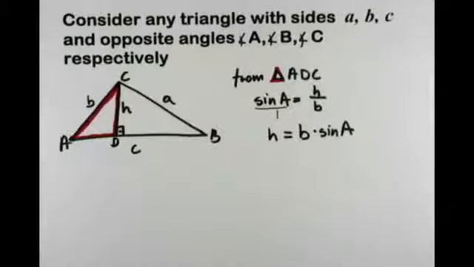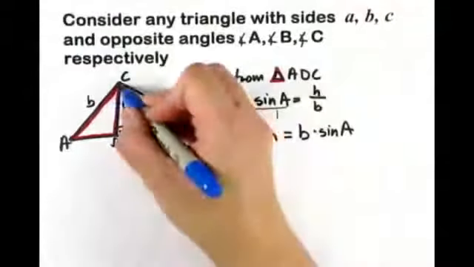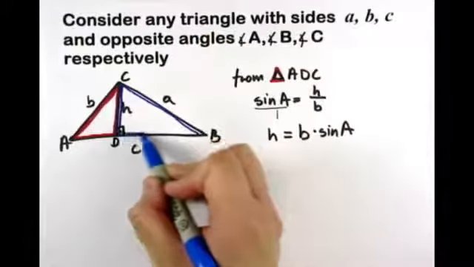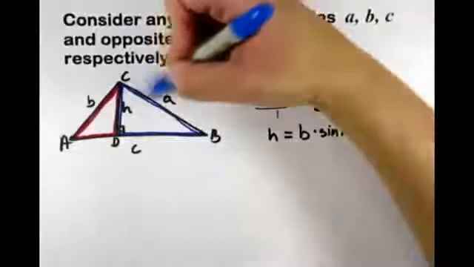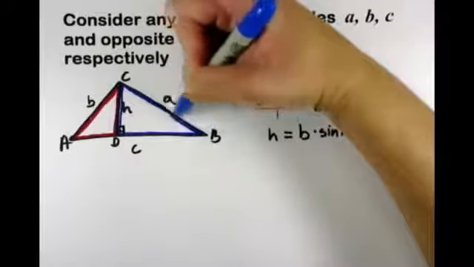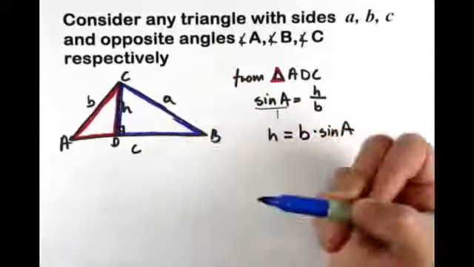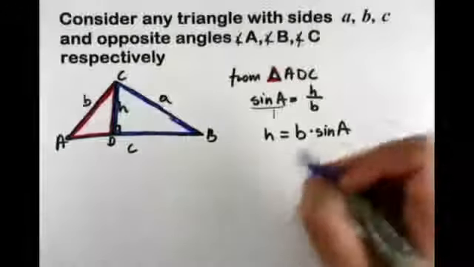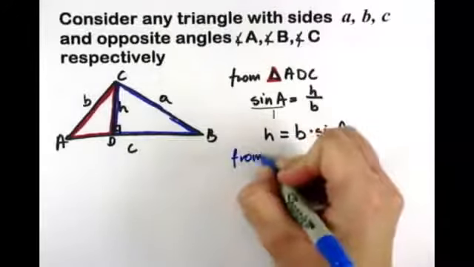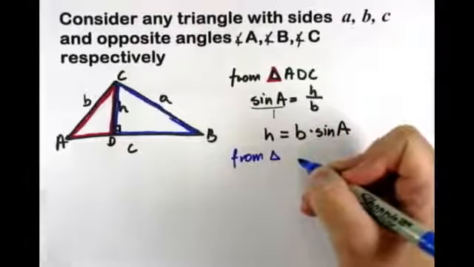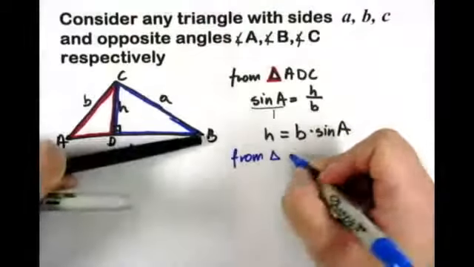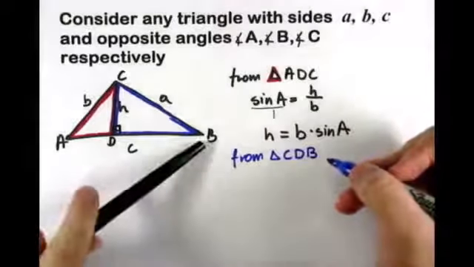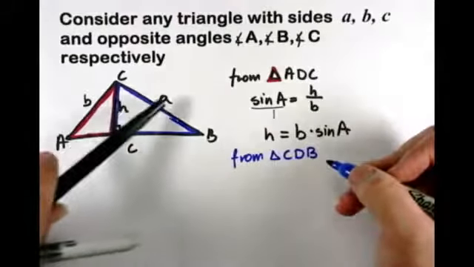And now I consider the other triangle, my blue triangle, and I would do the same regarding this angle B. So now we have from triangle CDB, regarding B, this side is opposite over hypotenuse.